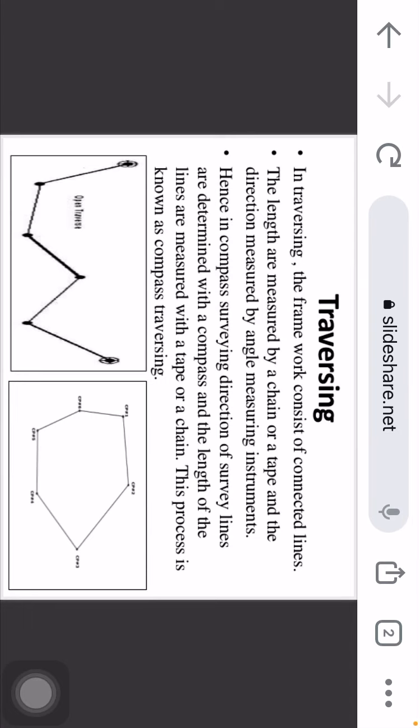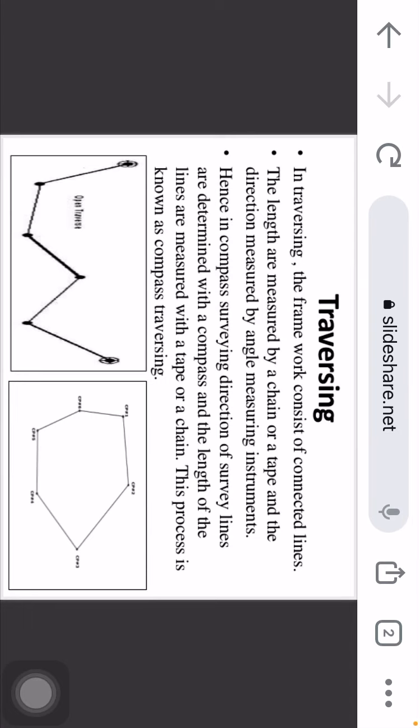Look at the second point here: the lengths are measured by the chain and the directions are measured by an angle measuring instrument. The angle measuring instrument is the compass. Hence in compass surveying, the direction of survey lines is determined with a compass and the length of the lines is measured with a tape or chain. This process is known as compass surveying.